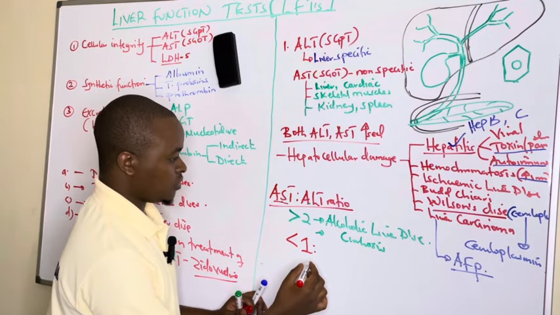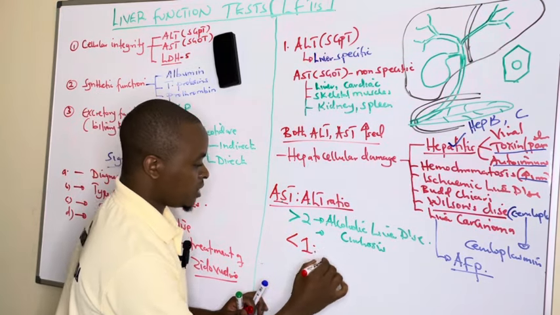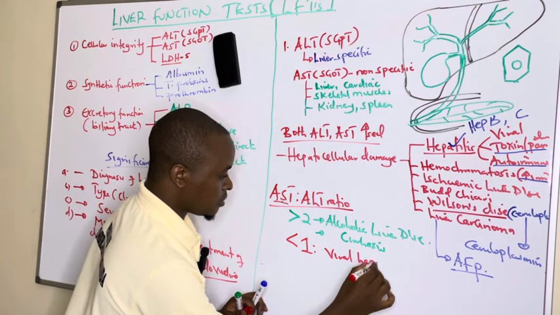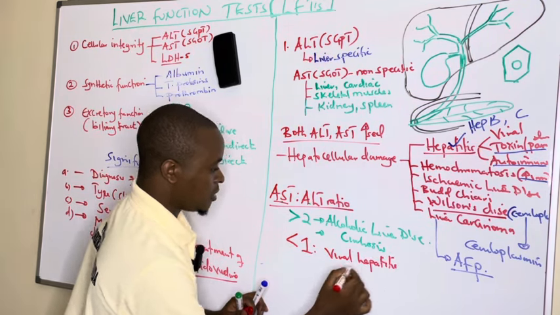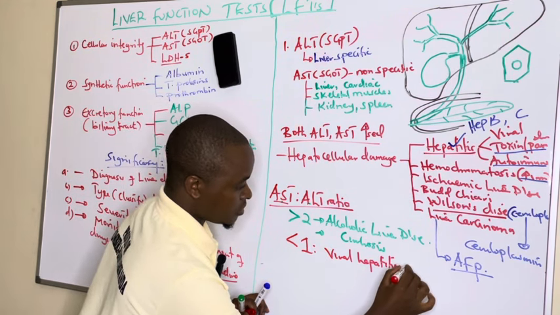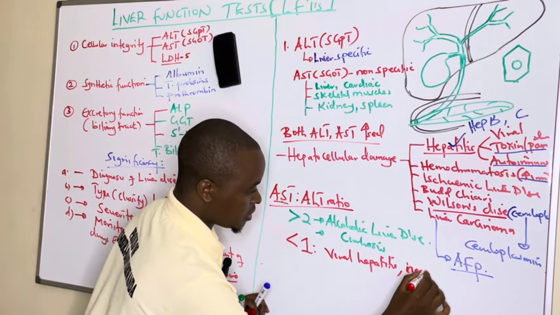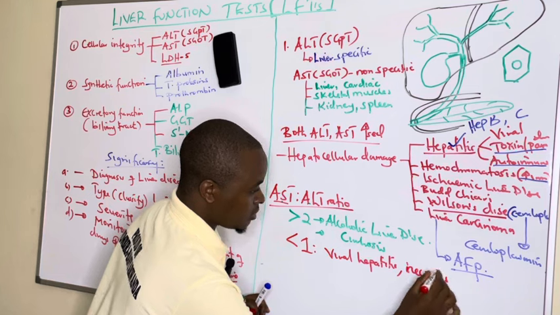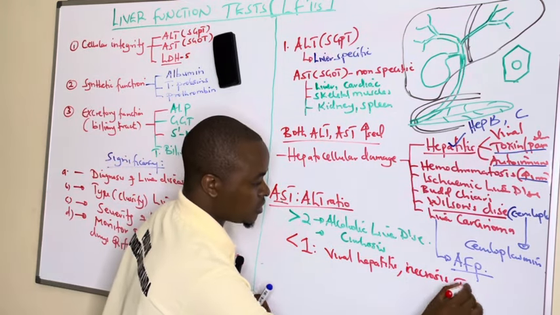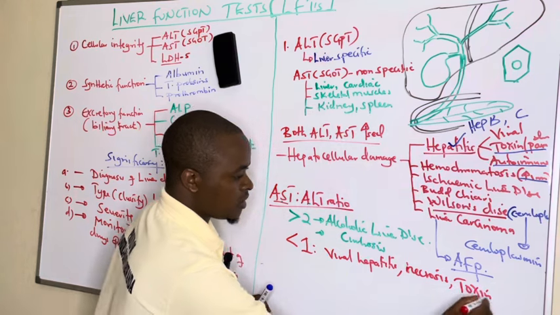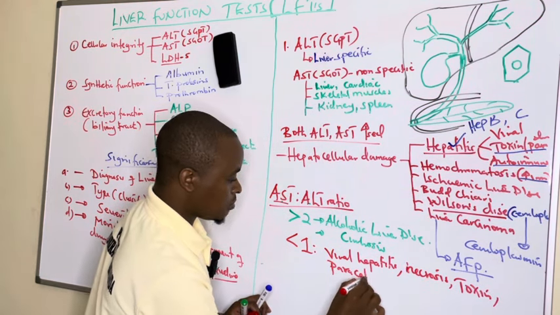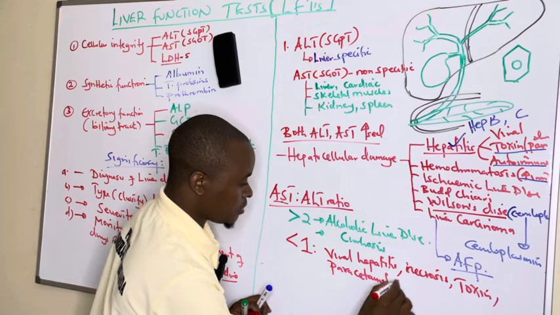hepatocellular damage. And with this hepatocellular damage, I can suspect viral hepatitis, acute viral hepatitis. I can suspect liver necrosis, that is ischemia, what we have called ischemic liver disease. You can also suspect toxins, like paracetamol poisoning.